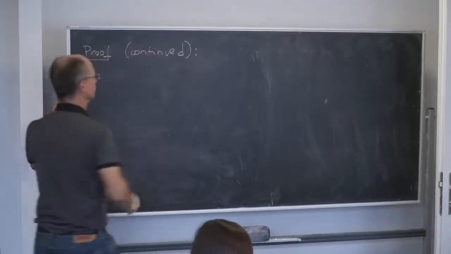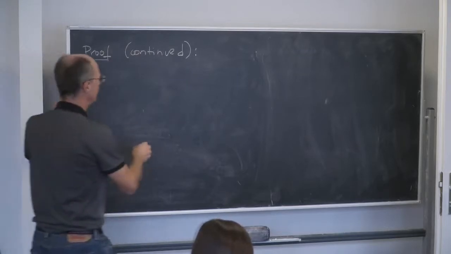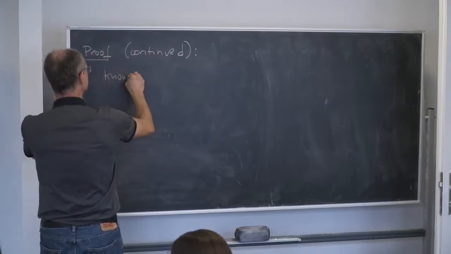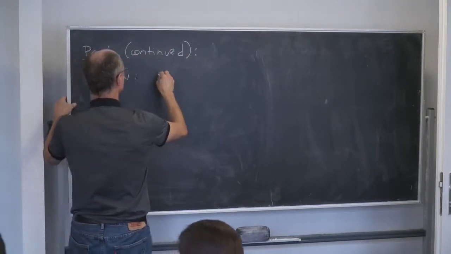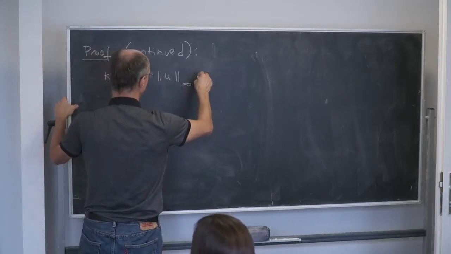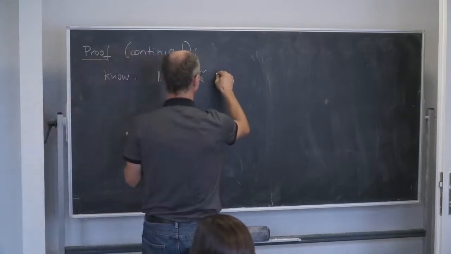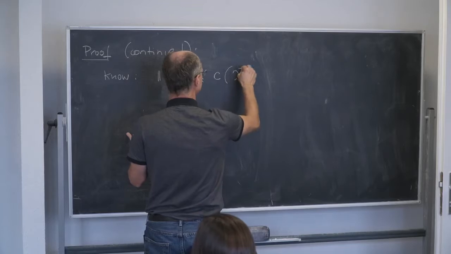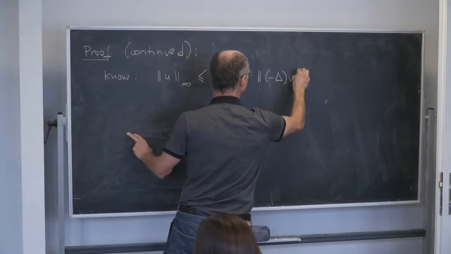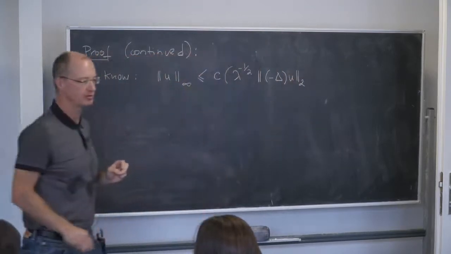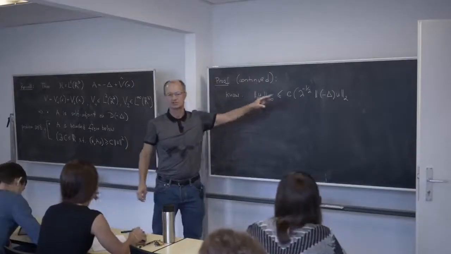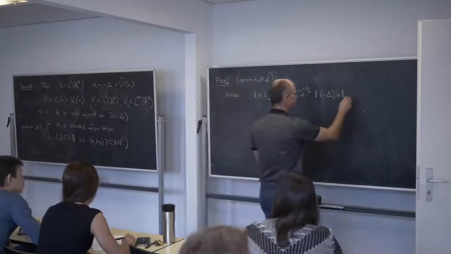So let me continue the proof. So we've shown last time that for good functions u, there is the following estimate. So it was something like this. So it's estimated in terms of the L2 norm of the Laplacian. Maybe I should better write the indices of the norms just to remember what they are.